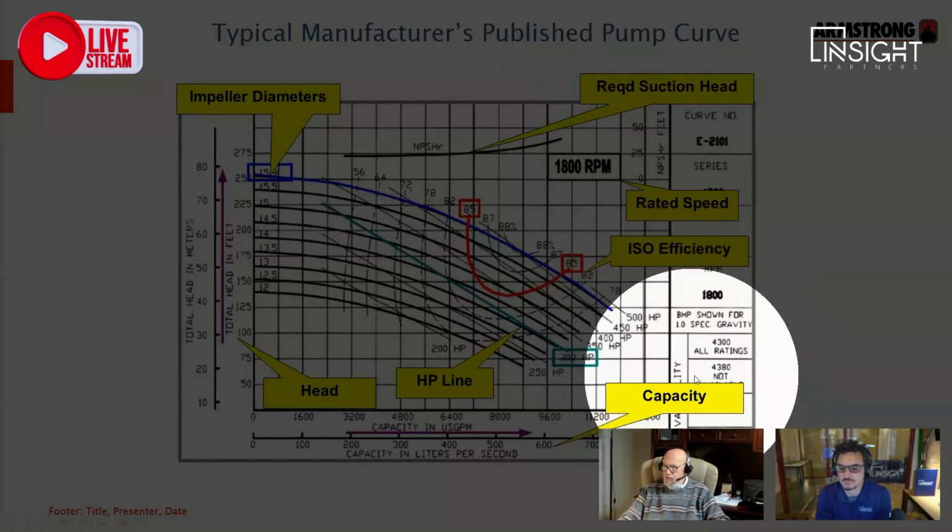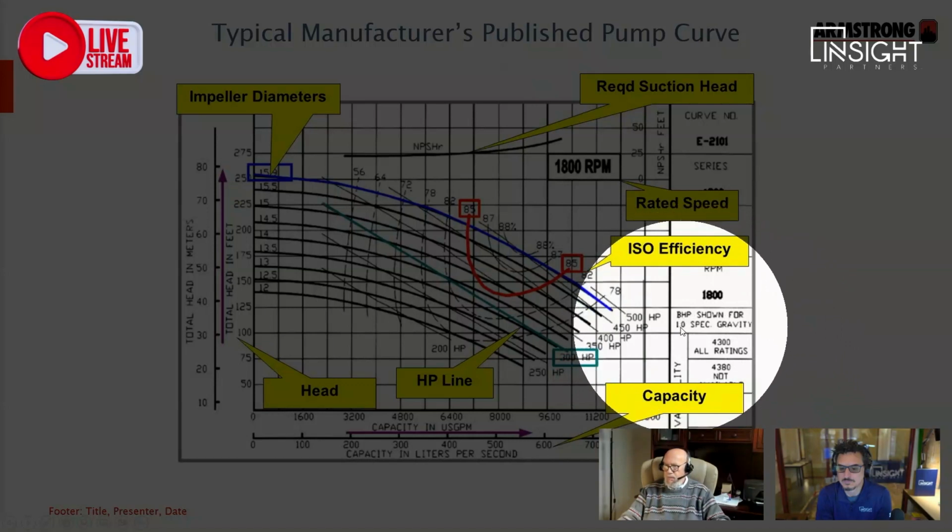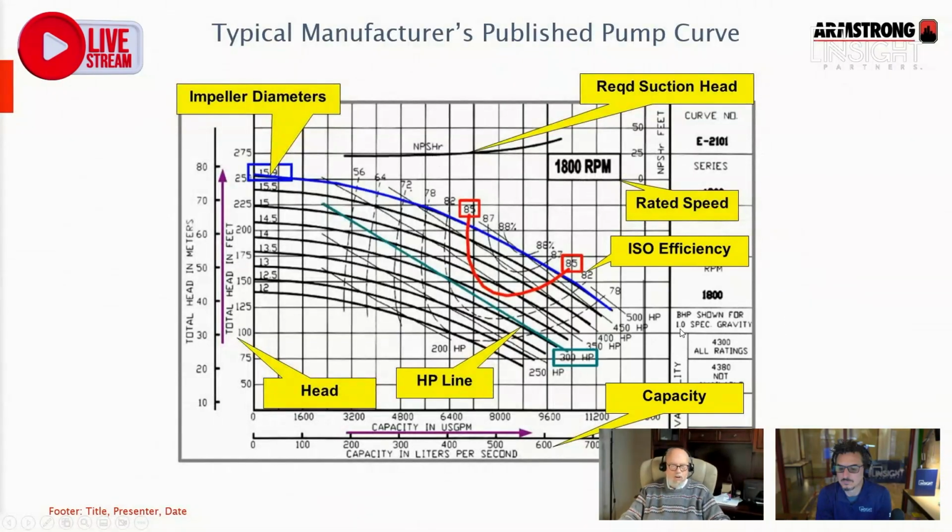Now, some things to pay attention to. Everything we show is done based on a specific gravity of 1. So if you've got glycol in there, it's a whole different ballgame when you actually do your pump selections. Family curves are always based on water because we have to establish a benchmark, and it's 65 degrees and plain water.